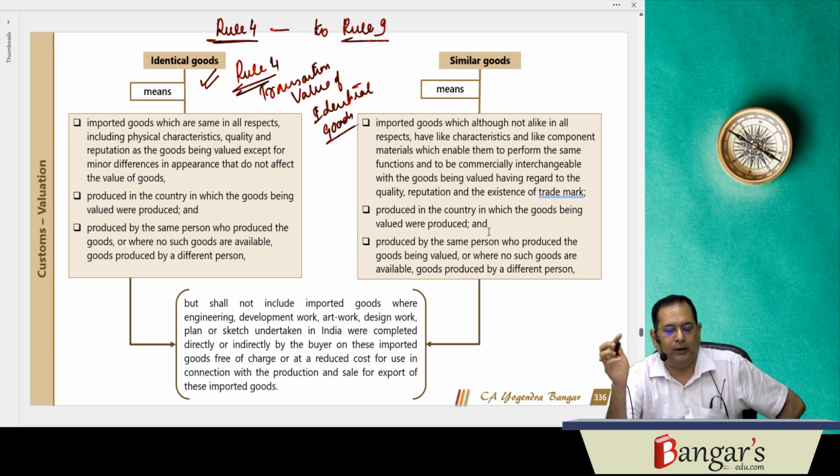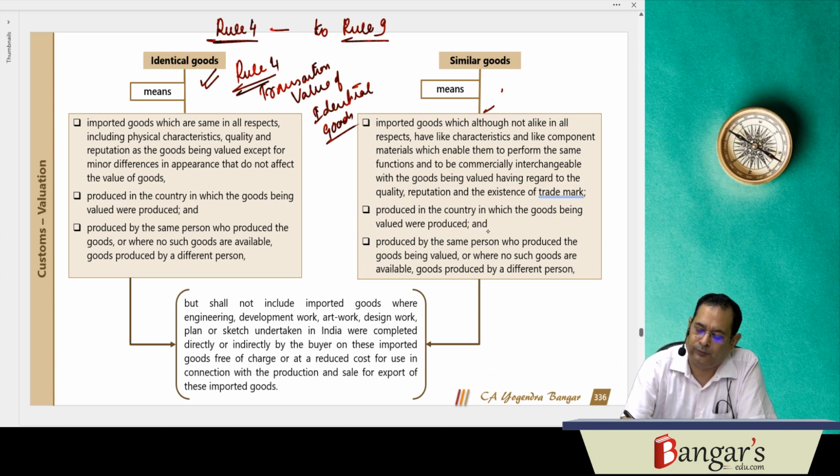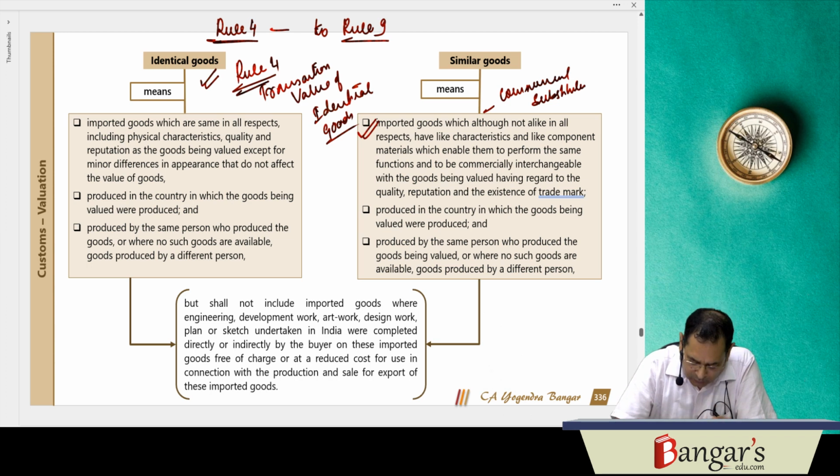Now similar is basically commercial substitutes. What is similar goods?